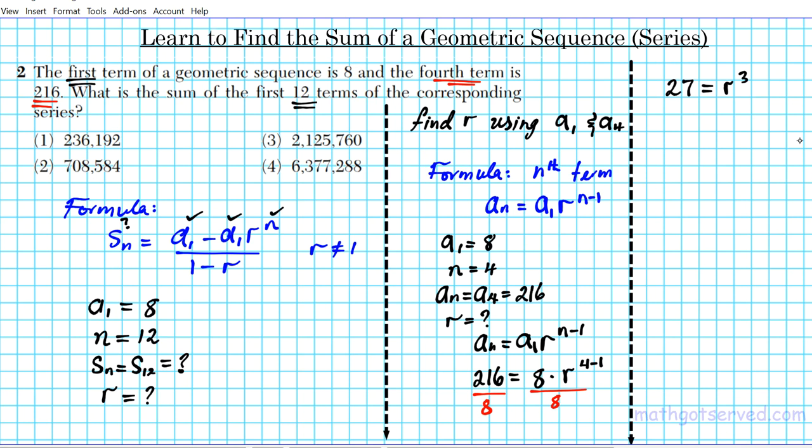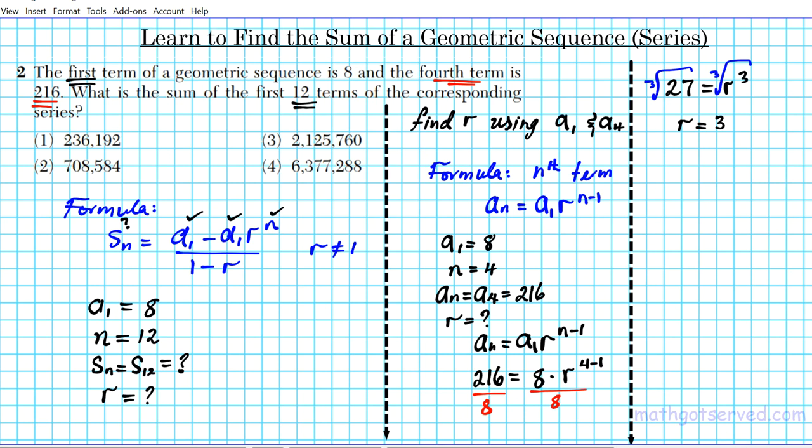To get rid of this power, we use the inverse, which is a cube root, the inverse of a cube. So you take the cube root of both sides, and r is equal to 3, because 3 raised to the third power is 27. Now we have r.